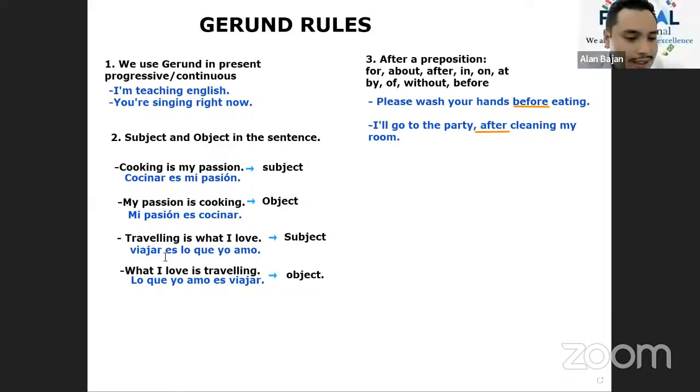The same José Rosales. We are using verbs after the preposition. Tenemos que usar un verbo en gerundio, si no, no funciona la regla. No es hacer una oración con una preposición, es hacer una oración con gerundio, después de una preposición.